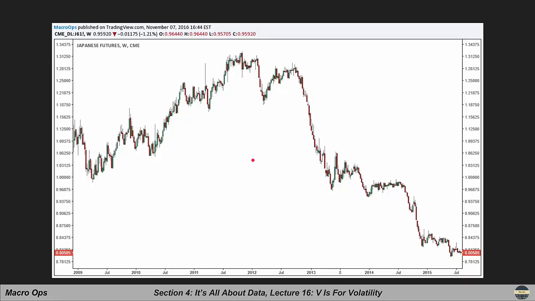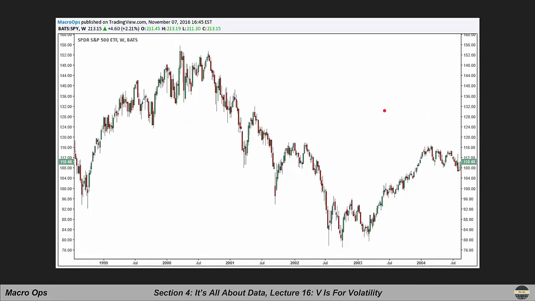And here's a good example in the yen futures of a bear quiet trend. Look at these nice long down moves with not sharp retraces, very contained retraces all the way down. So this is a great example of a bear quiet trend. And then finally, we've got a bear volatile trend. This is the S&P 500 ETF back after the dot-com bust.